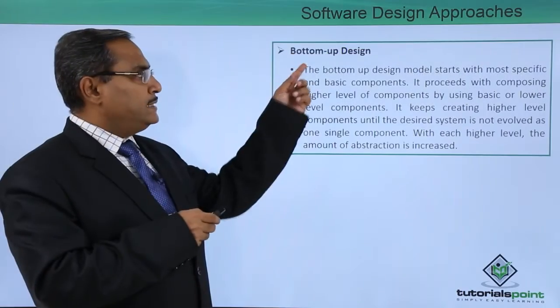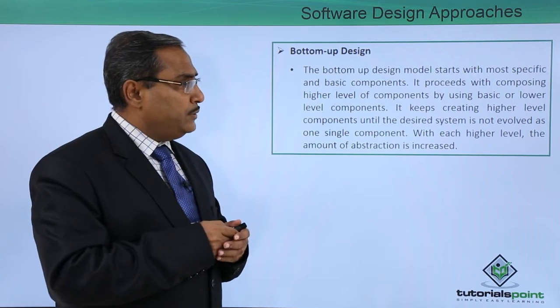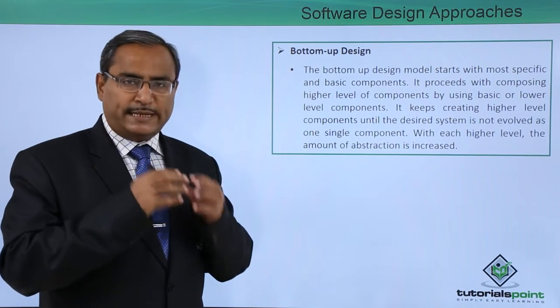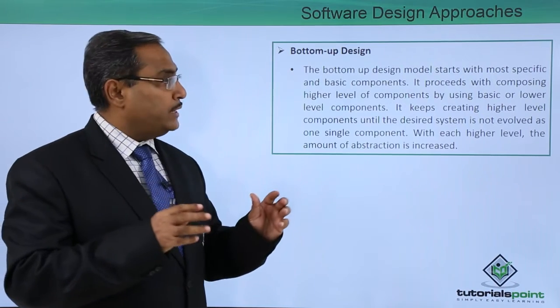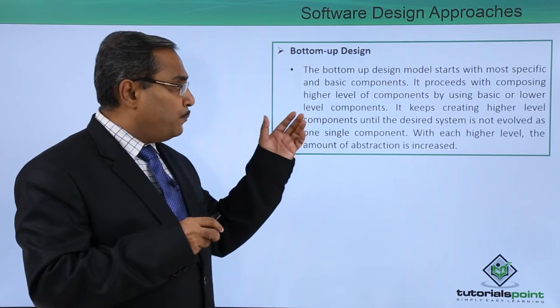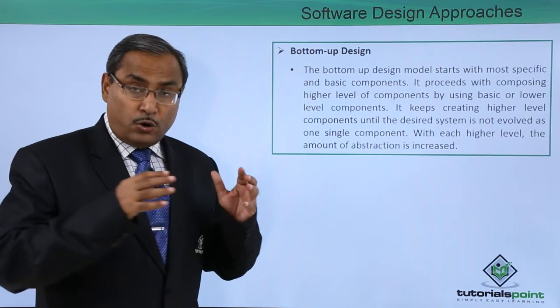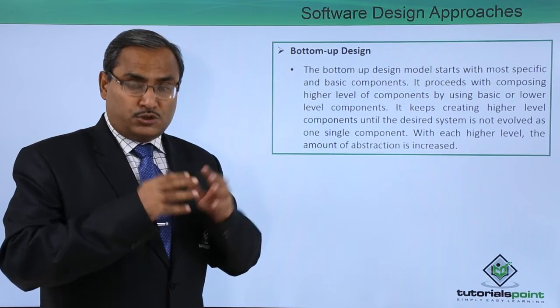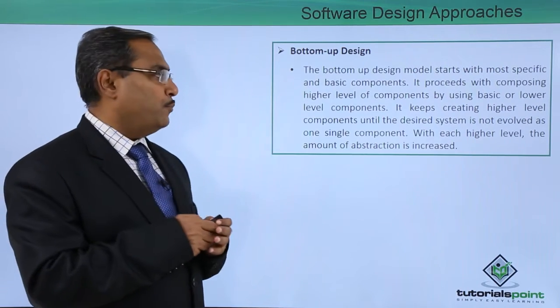Now the next one is bottom-up design. The bottom-up design model starts with the most specific and basic components. At first we consider that we have our basic components, and it proceeds with composing higher-level components using these basic or lower-level components.